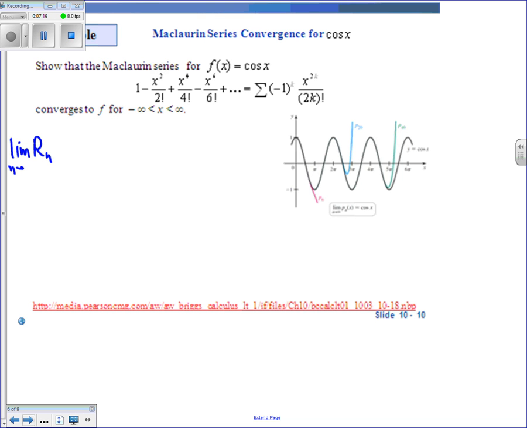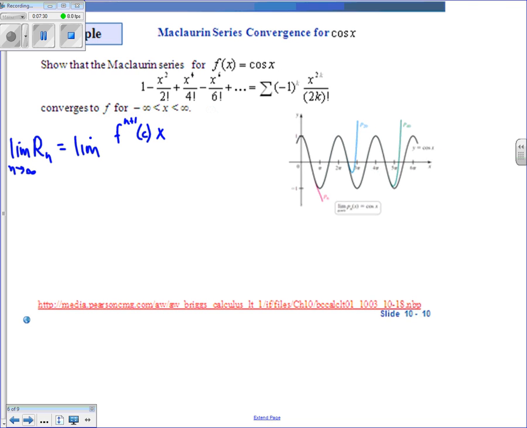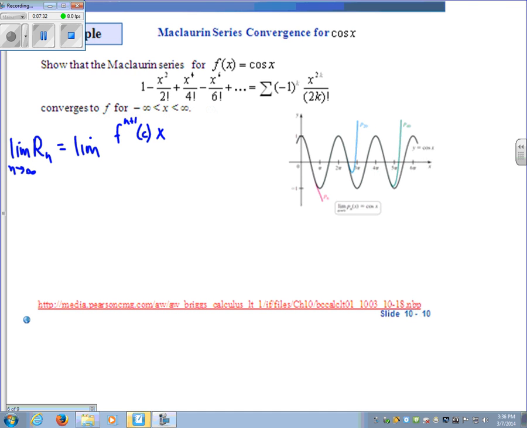So the limit as n goes to infinity of r sub n, and that expression is the n plus first order derivative at some c times x to the n plus 1 over the n plus 1 factorial. That's the limit as n goes to infinity.